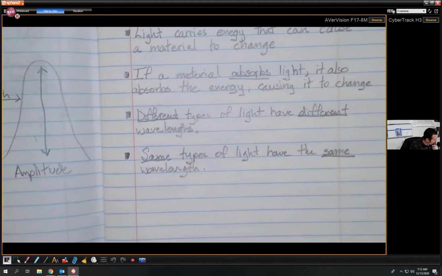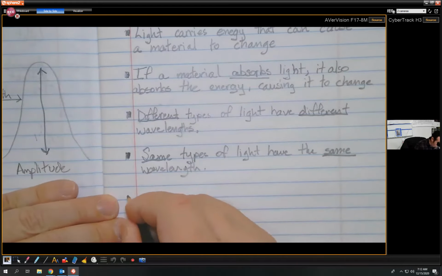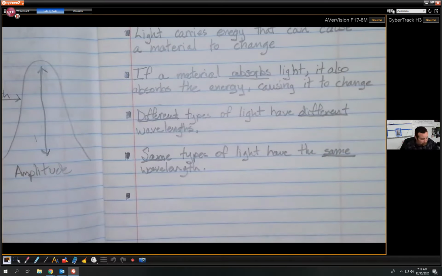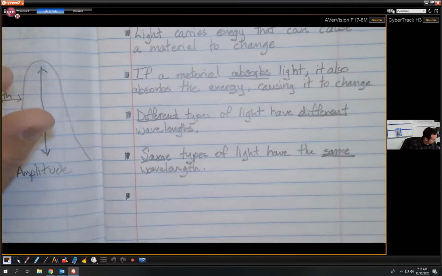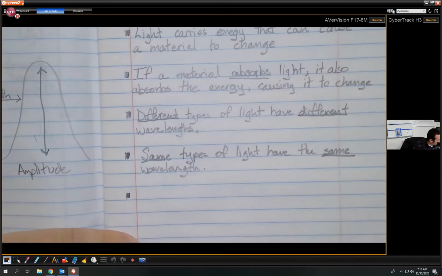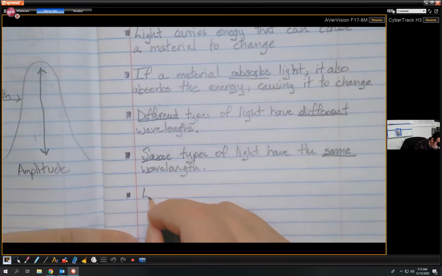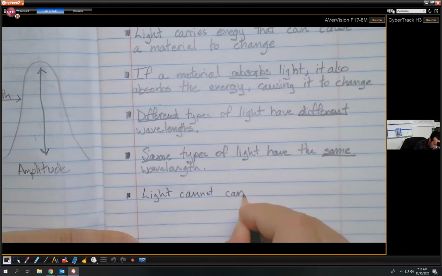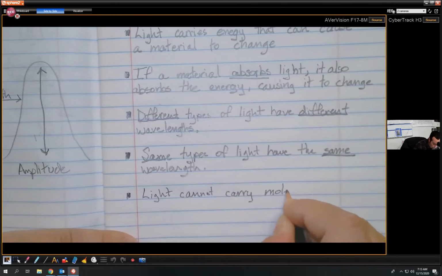Okay, guys, we are almost done. We're going to make some more statements of fact here, because these are just common misconceptions that students still have. So here's one. Light cannot carry molecules.